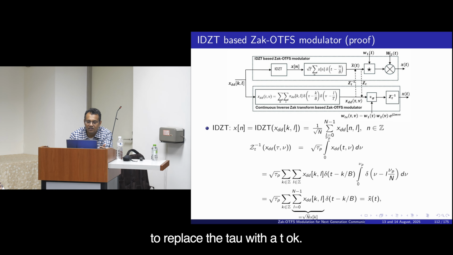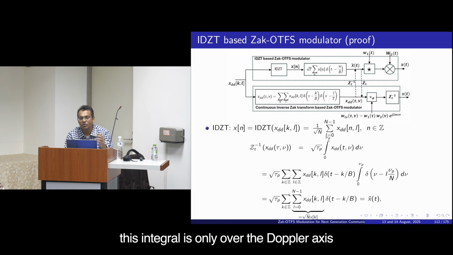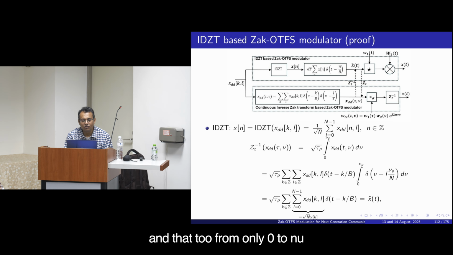Of course, I have to replace the tau with a t. Okay. So, when I do that, in this integral the double summation x dd kl comes out, because remember this integral is only over the Doppler axis, and that too from only 0 to nu p, over one period. Okay.